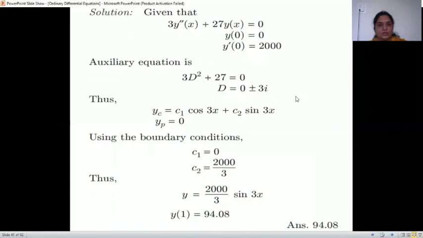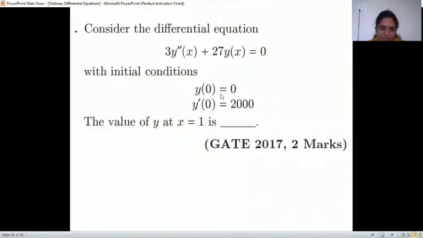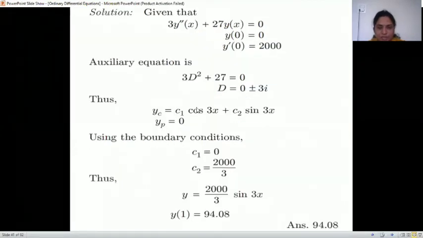Okay, let me take you to the solution. 3D square plus 27 gives plus minus 3i. So yc is this and yp is 0. So this is your final solution. Then using the first condition, at x is 0, y is 0, we get 0 is c1 into 1 plus c2 into 0. So from the first condition, we get c1 is 0.